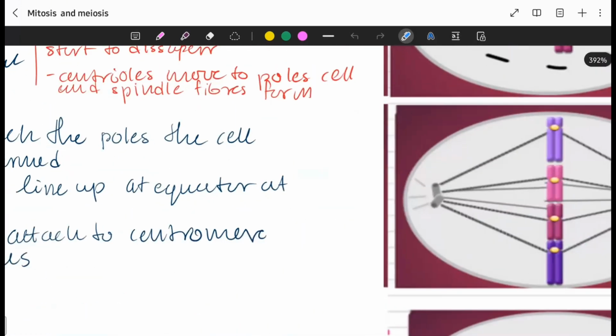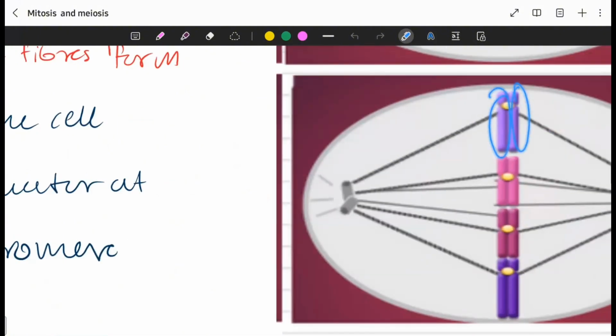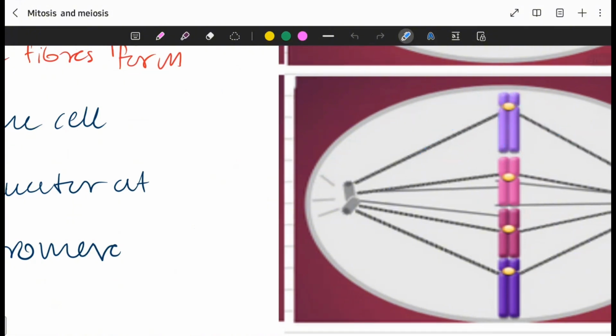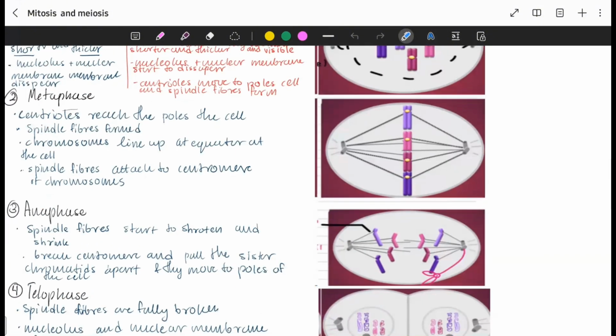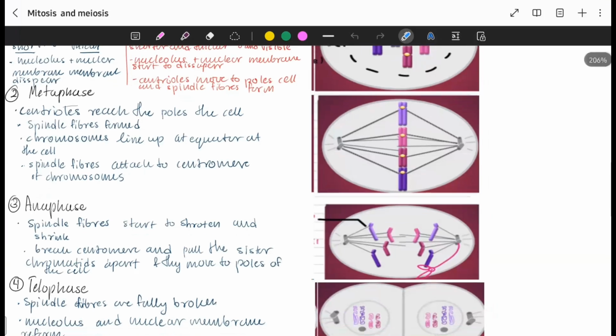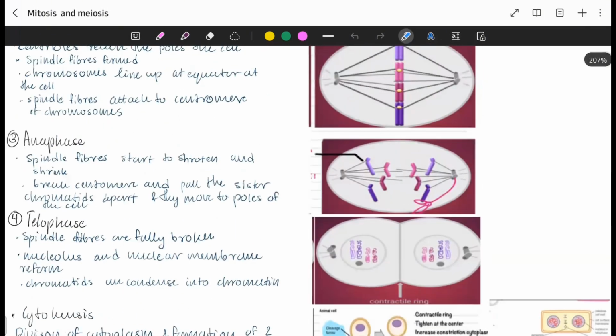There are two sister chromatids joined by the centromere, and it breaks, so there's no more joining. One sister chromatid moves to one side and the other moves to the other side, pulled by the spindle fiber, which is becoming shorter and shrinking. That's what anaphase is.